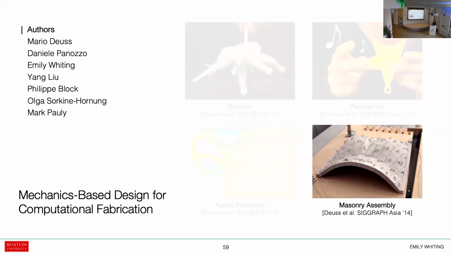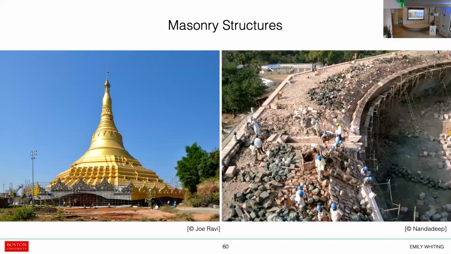So the idea with this last project was to reconsider how we do constructions of large assemblages of rigid blocks. When I talk about masonry structures, what I'm referring to are structures that are made out of brick or stone. Historically, this is the most common construction method.